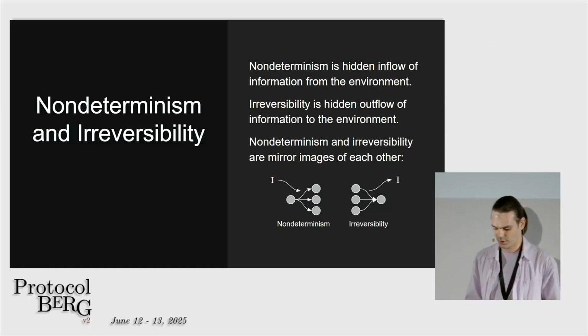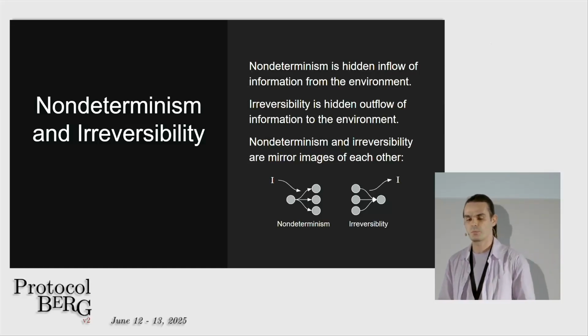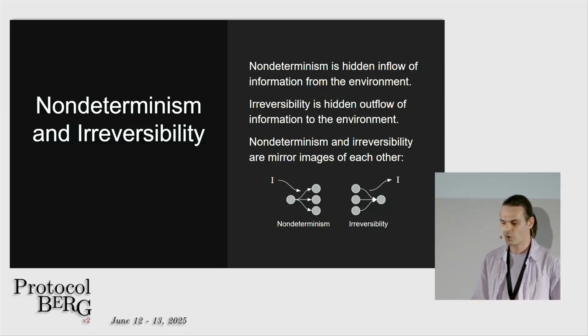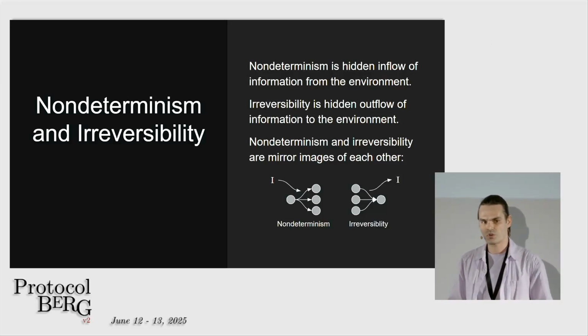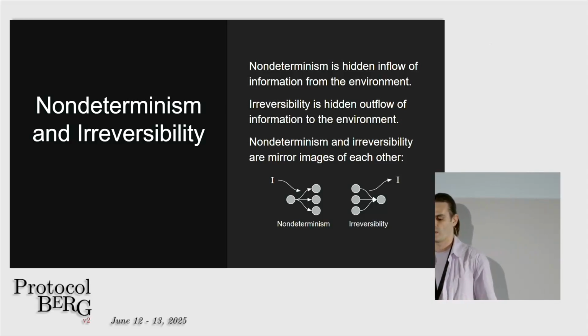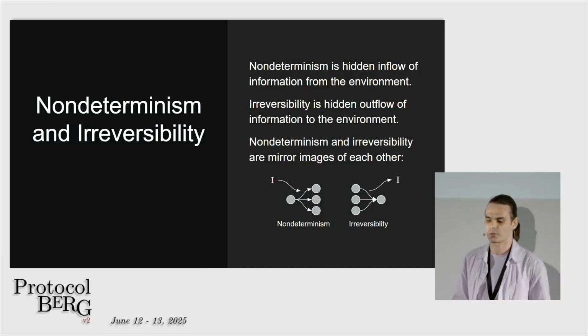When there are multiple possible outcomes of a computation from the same input, we can think of this as the environment making a choice, which is a piece of information. So non-determinism is hidden inflow of information from the environment.